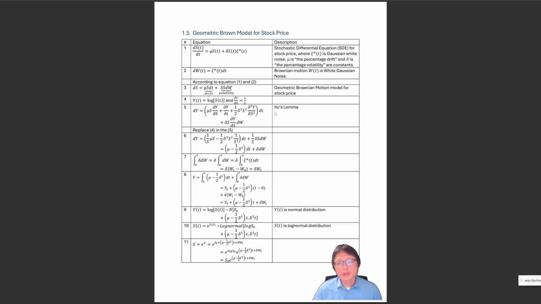We also use Ito's lemma, and this is another important key. Also, during the solving process, we know that an important point is that the stock price at time t is not normally distributed. This is what people are talking about when they ask why the stock price at time t is not normally distributed.